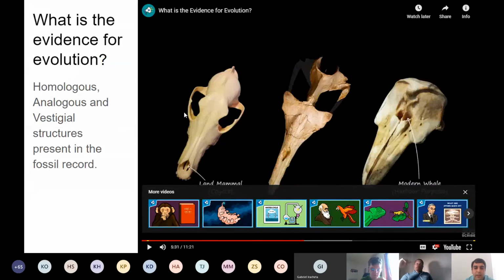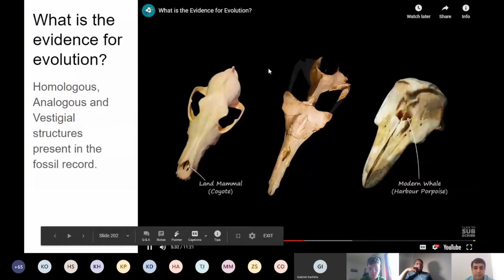So there was a mammal on land that had that blowhole up front, like a nose. And then slowly over time, it went further and further up. It makes sense because if you're in the ocean and you're swimming along, you want that blowhole to be up top, right? You don't want it out front. But it shows you that gradualism, that slow change over time, is the evolution that we're talking about.